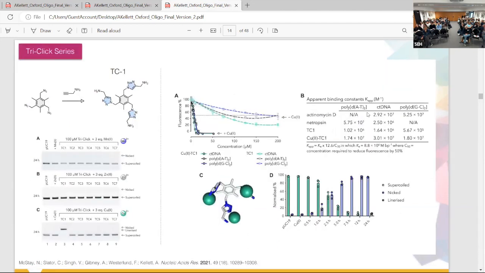So I want to move now to talk about some new scaffolds that we've recently developed, which we're calling the Tri-Clip series. So we had an idea whereby if you took a simple triazide, like this mecycline derivative, and introduced a series of amines that contain alkynes.